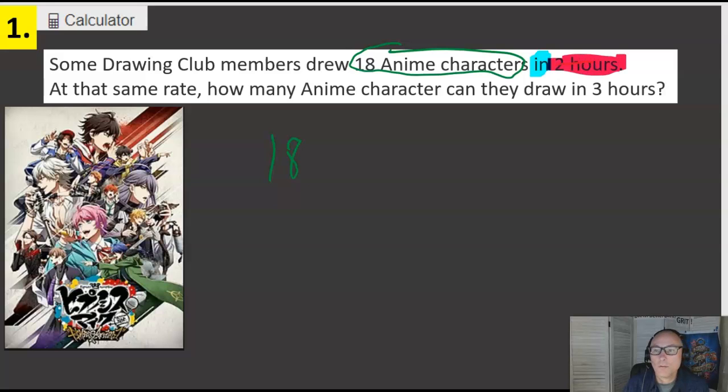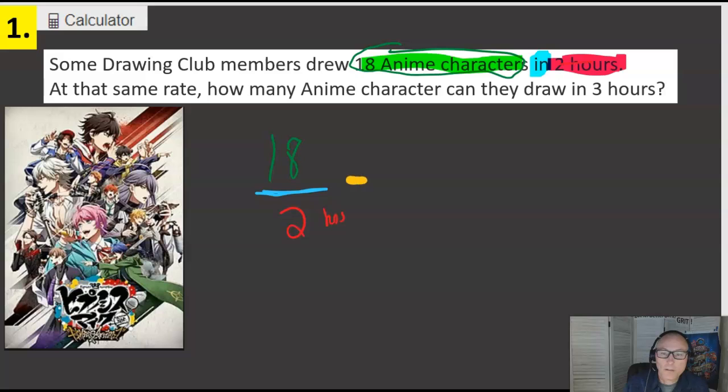Does that work? I kind of like this highlighter thing. Let's roll with that. Yeah, I'll start using that from now on. All right, 18 per 2 hours, but we want per 1 hour, per hour.